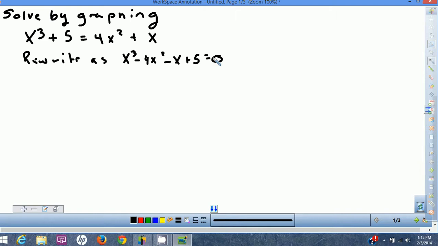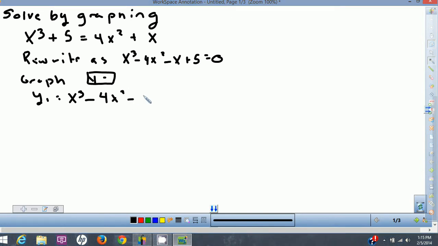To solve this with my calculator, I can simply graph this by pressing the y equals button, and in y1 type in my equation: y1 is equal to x cubed minus 4x squared minus x plus 5. Once I have it in y1, press graph.